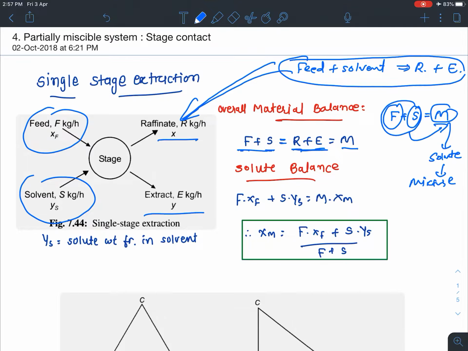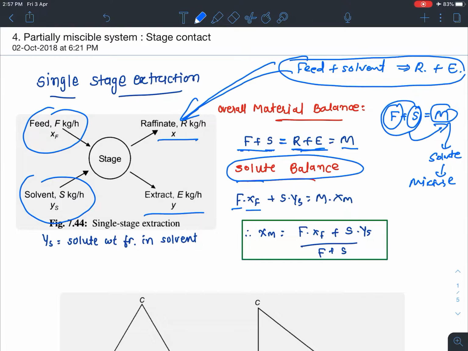Now if we specifically talk about the solute, we do the solute balance in this one stage. It will be similar to F plus S equal to M, but here we have to add the weight fraction of the solute. So it is F into XF, which is the weight fraction of solute in the feed, plus S into YS.